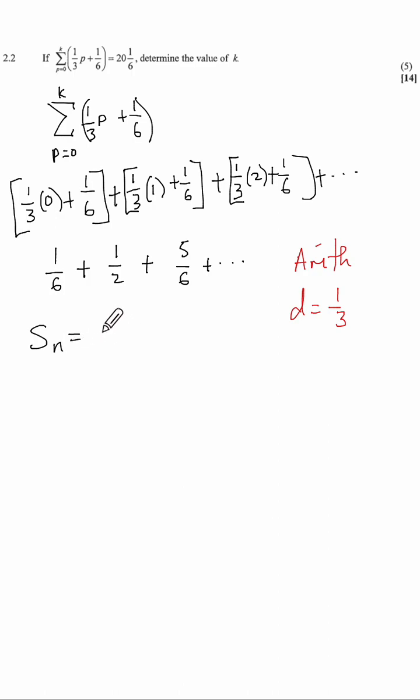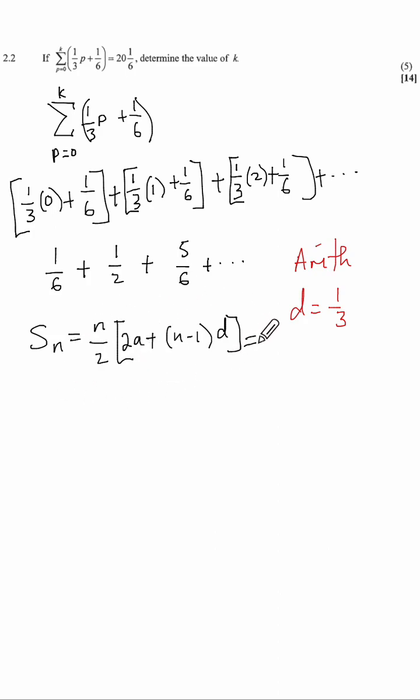Sum to n terms is equal to n over 2. I think this formula, you find it at the end of your question paper or somewhere in your material, 2a plus n minus 1 by d. That is the formula for sum to n terms.